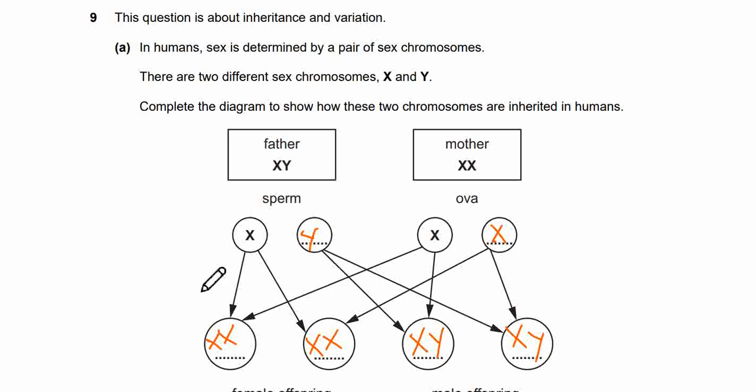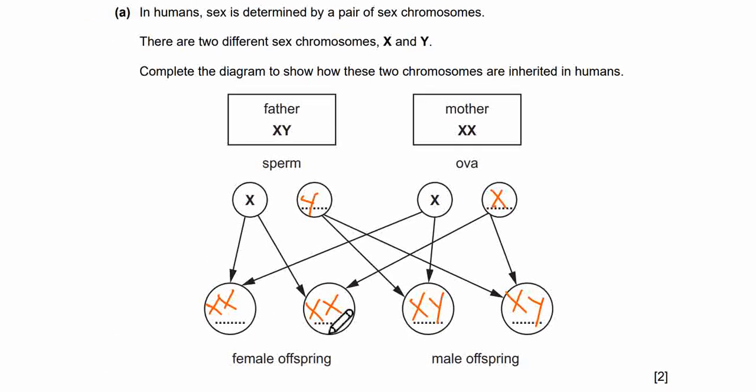So we have X, X, X, X, X, Y, X, Y. This will be female offspring, this will be male offspring.